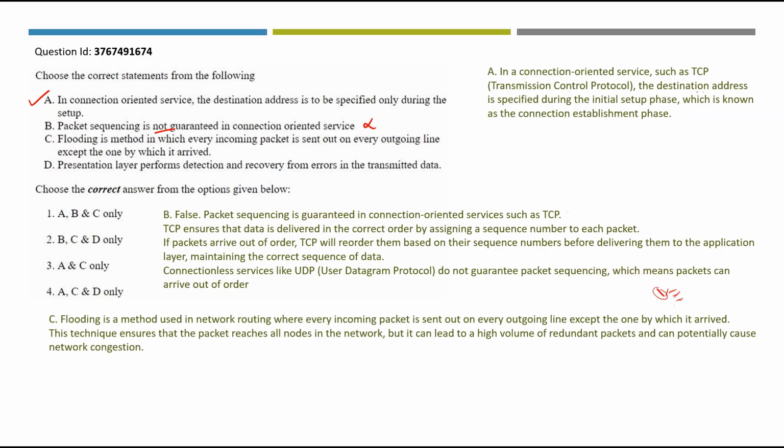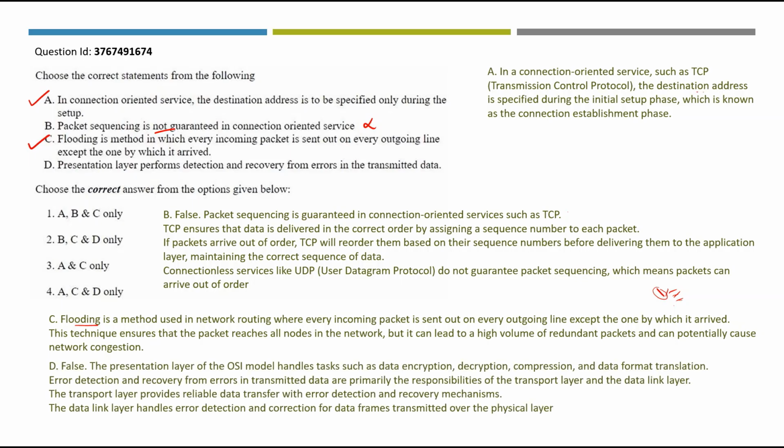This technique ensures that the packet reaches all nodes in the network, but it can lead to a high volume of redundant packets and can potentially cause network congestion. That's why this method is named as flooding. So C is true.